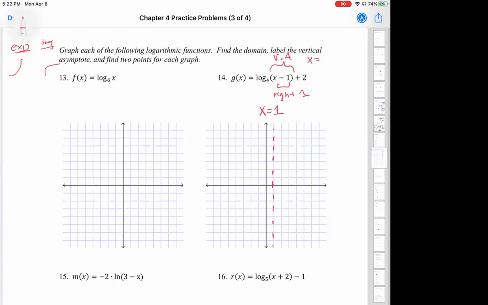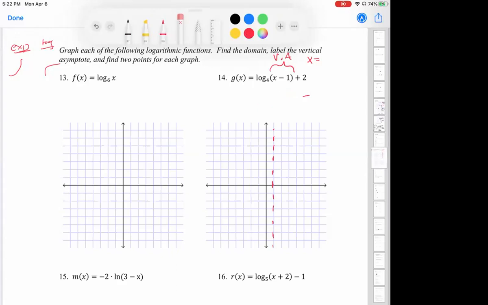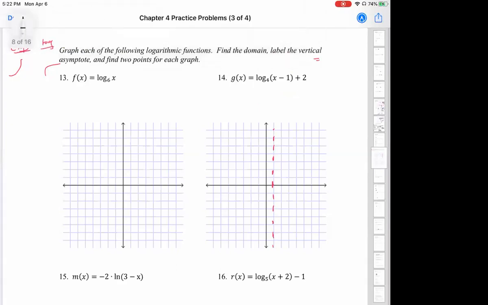All right, let's go ahead and graph our logarithmic function. Let me erase these little notes. Similar to when we did exponential functions, I want to keep some numbers in mind. I know that 4 to the 0 power gives me 1, 4 to the first power gives me 4, 4 squared gives me 16, and 4 to the negative 1 power gives me 1 over 4.